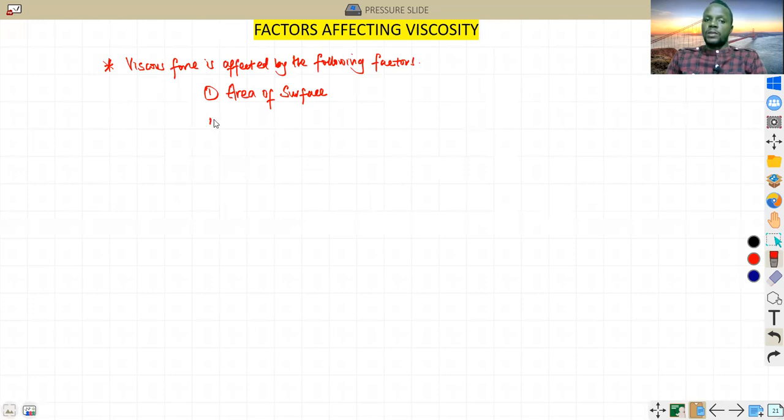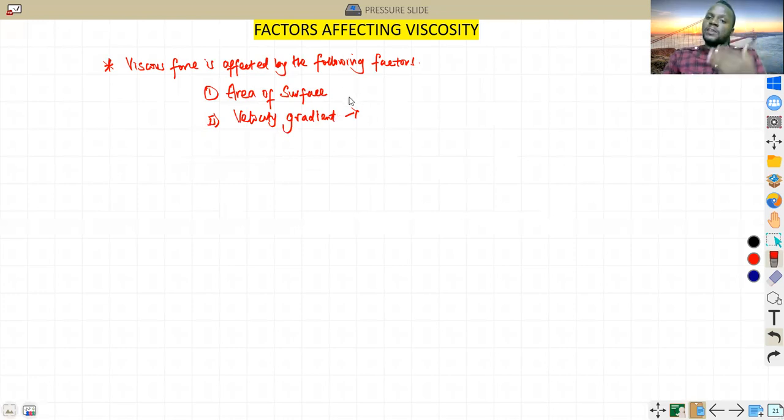Another factor we can keep in mind is that viscosity also depends on what we call velocity gradient. It is very important for students to understand that from my illustration in the first part, I said it is the rate of change of velocity with respect to the height. I consider a velocity v in which the fluid is flowing, and I take a height of y.